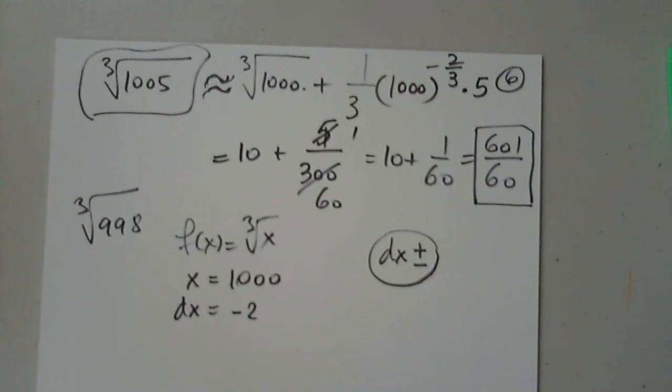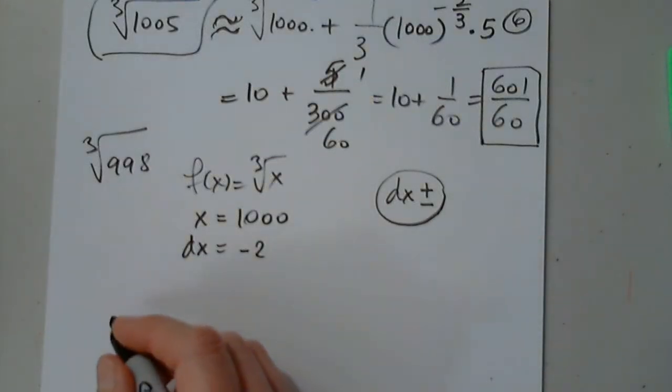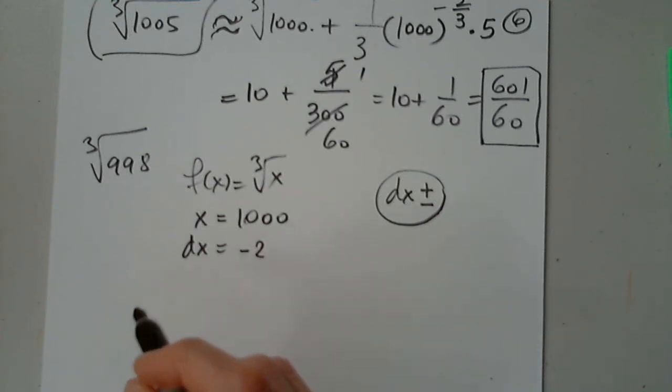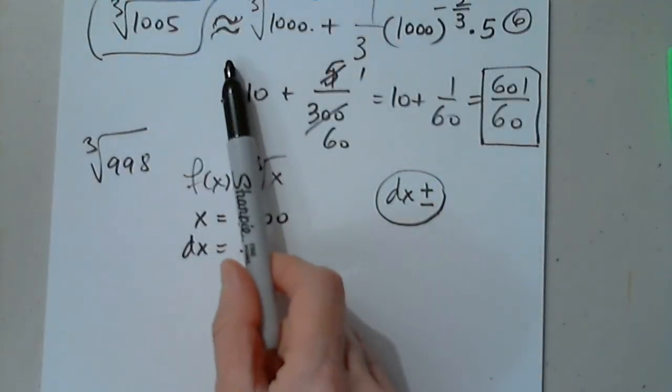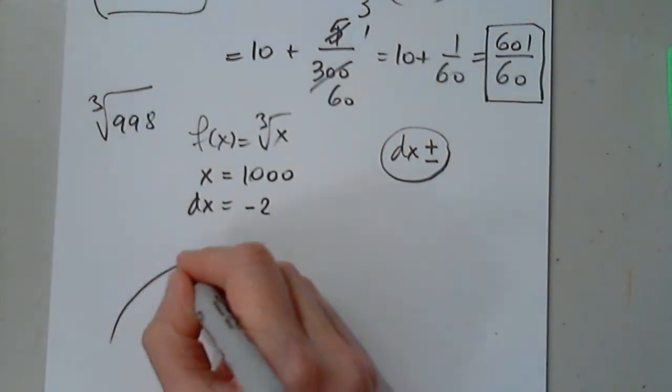What if it was like 1000 and the next highest cube root, and it was right in between those? How would we know which one to choose? Well, you have to choose the closest to what you can take the cube root from, because it's an approximation. So your question is very good.